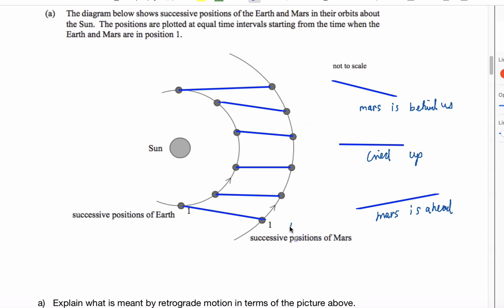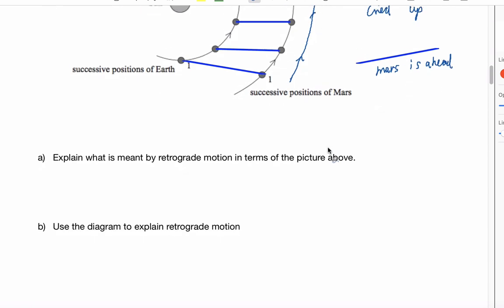Sorry, let me try that again. Mars is going forward like this, backing up, going backwards, like this. That's what we would see from Earth's perspective. Mars moves across the sky, goes backwards, and then goes forwards again, based on this picture here.